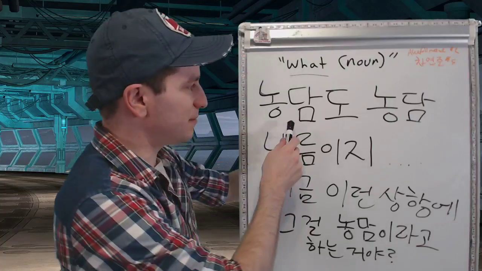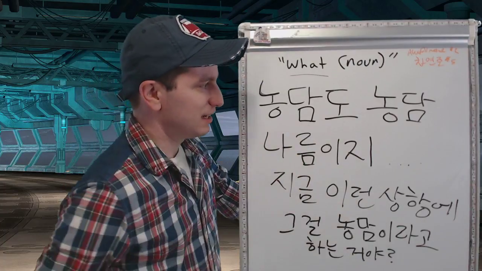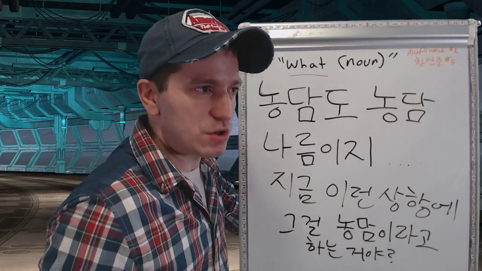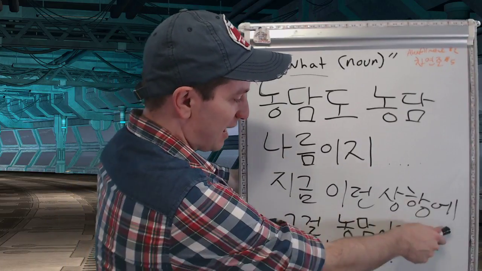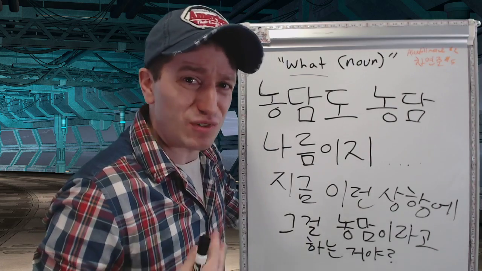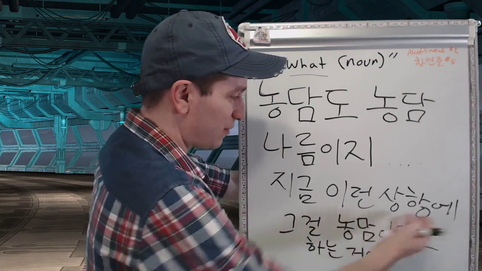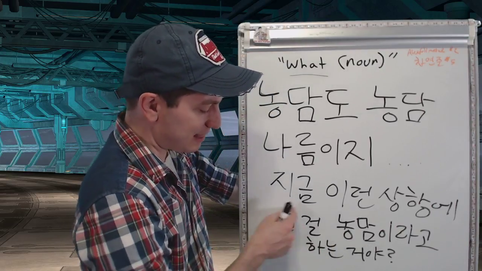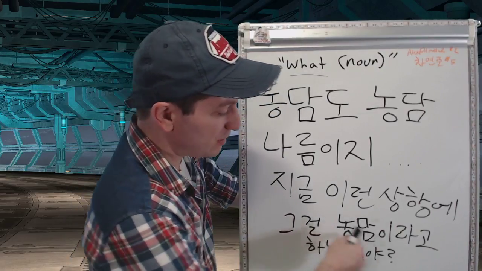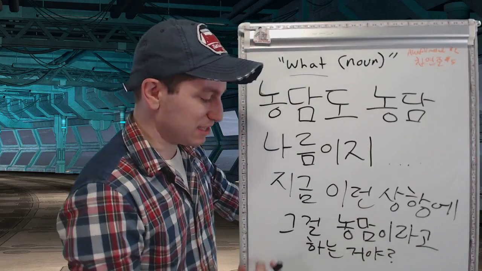Okay. So you can say something like 농담도 농담 나름이지. Like, yeah, sure, even jokes, it depends on what joke it is, whether it's okay. 지금, right now, 이런 상황에, in this kind of situation, like, are you really saying this right now? Here and right now? 그걸, that thing, so that joke, 그걸 농담이라고 하는 거야? Are you saying that's a joke?